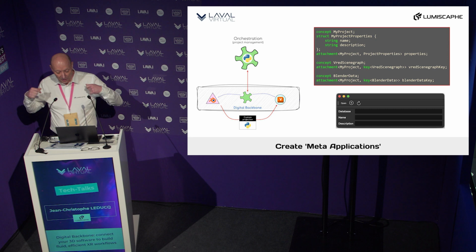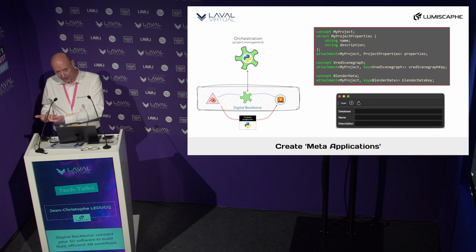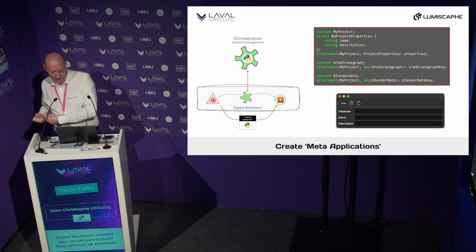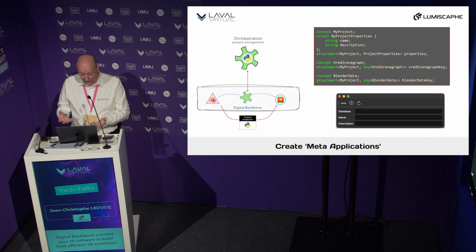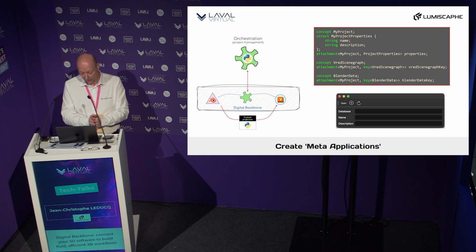And then you say, we have an attachment. We attach to that project the VRED scene graph. And we attach also a Blender data. Blender data is the core data of Blender. And we attach that to my project. And doing that, I created my custom application. So this is very easy. Describing my schema and developing a few lines of code in Python, I can create that simple orchestration application.